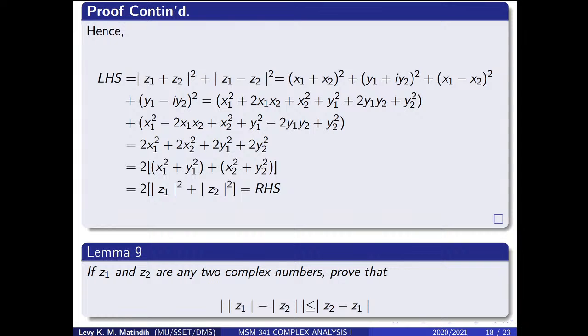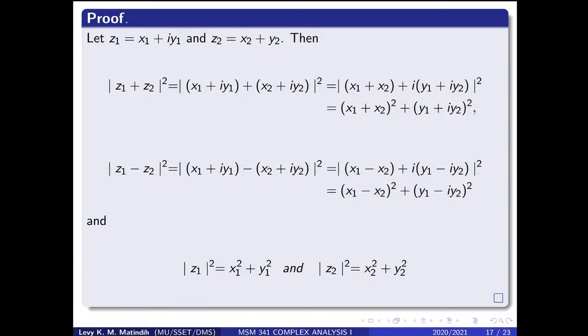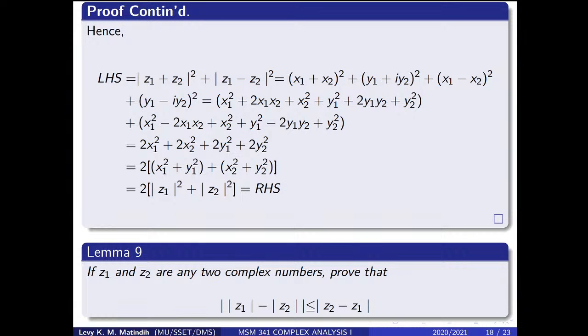Remember, the square of the modulus of z1 plus z2 is the square of x1 plus x2 plus the square of y1 plus y2, and the square of the modulus of z1 minus z2 is the square of x1 minus x2 plus the square of y1 minus y2.